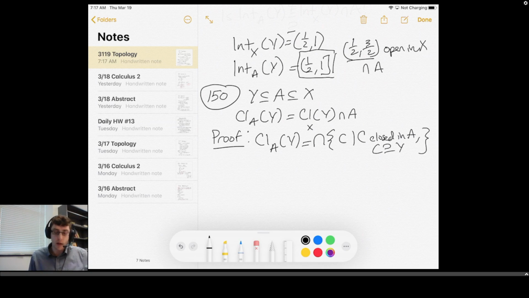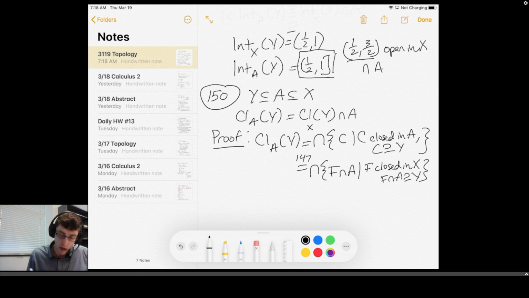So closed in A, containing Y. Okay, well, by our theorem above, that was 147, this is the intersection of C, or sorry, I can rewrite C using that theorem as F intersect A, such that F is closed in X, and F intersect A contains Y. If F intersect A contains Y, then F most definitely contains Y, right?